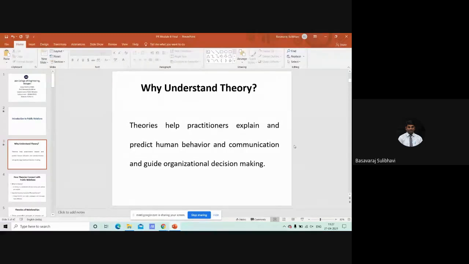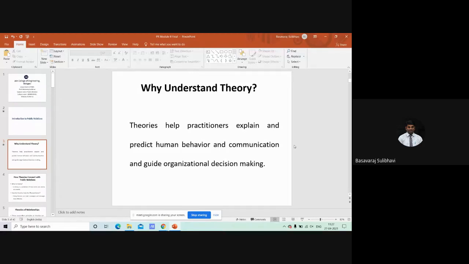Theories help practitioners explain and predict human behavior and communication, and they guide organizational decision making. Take any people who make decisions on certain aspects or issues; we say they are the people responsible for decision making.